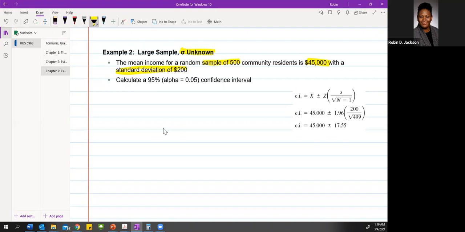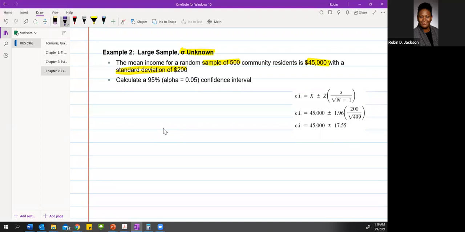If the sentence said the mean income for the population is 50,000 with a standard deviation of $1,000, then that $1,000 would be your population standard deviation. But that's not how it's worded here.